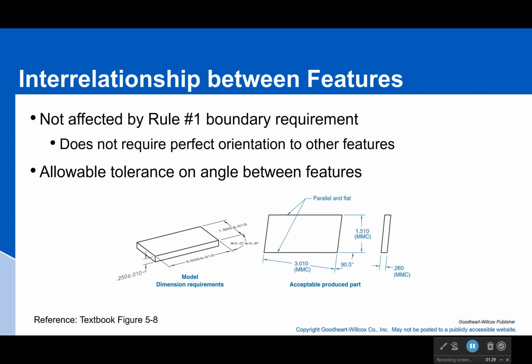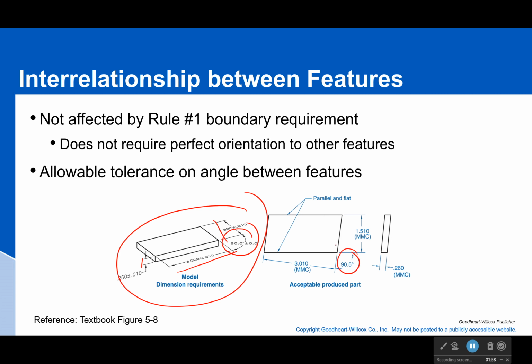Now, individual features are not connected by rule number 1. So just because I have perfect form, it does not mean that all the angles are going to be correct. So this right here, we know we have an angle of 90 plus or minus 0.5, and we have these size requirements, which will, for all those dimensions, constrain them to have perfect form.